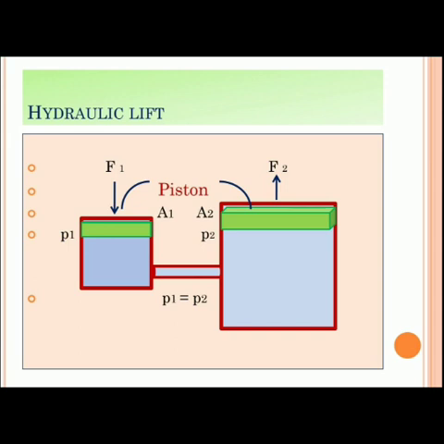It will generate a pressure which is given by F1 divided by A1. This pressure is transmitted undiminished to the bigger piston, and the force becomes equal to pressure multiplied by the area A2.